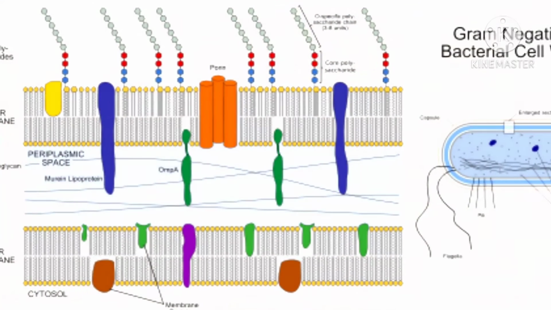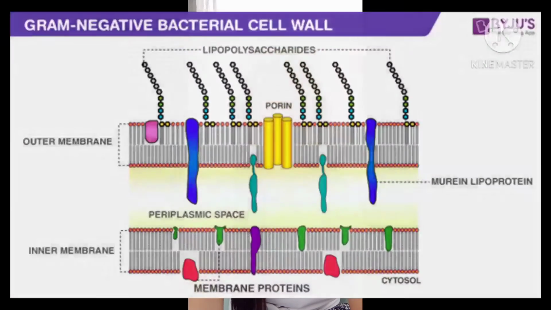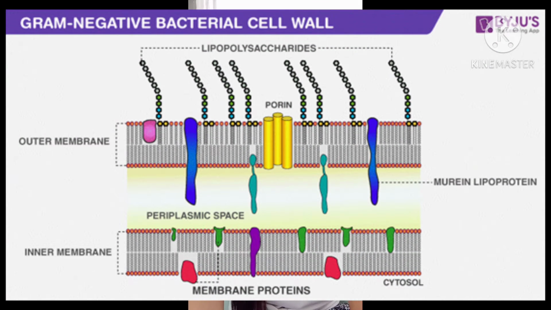The cell wall of gram-negative bacteria is more chemically complex, thinner, and less compact. Peptidoglycan makes up only 5 to 20% of the cell wall and is not the outermost layer.